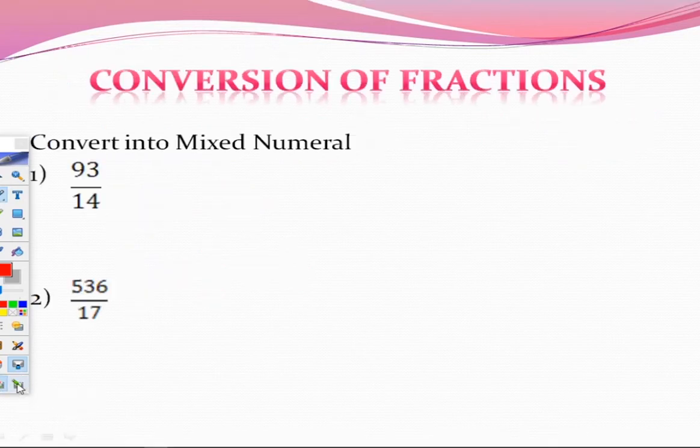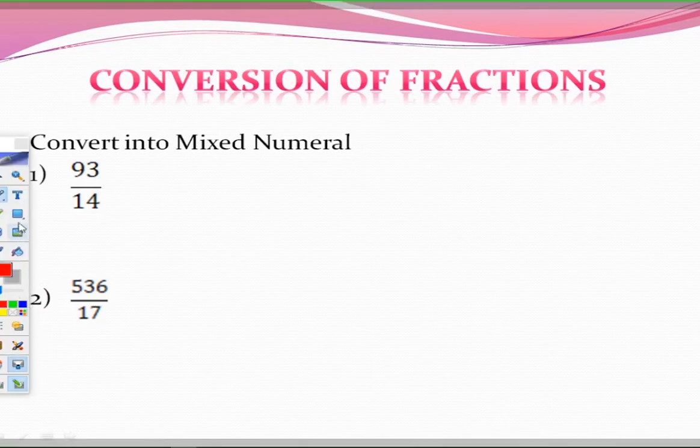Next we will do conversion of fractions. Convert into mixed numeral. Here you can see one improper fraction given. I already told you that an improper fraction can be changed into a mixed numeral and a mixed numeral can be changed into an improper fraction. Here this improper fraction is to be changed into a mixed numeral. So I will be doing 93 divided by 14. 14 sixes are 84.